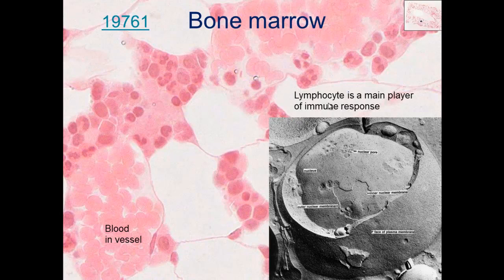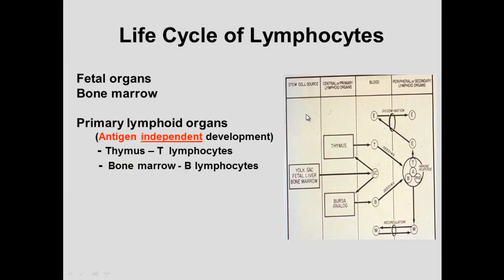Now the main player, originating in the bone marrow at least, is the lymphocyte, the main player of your immune response. We see the nucleus of a lymphocyte, and the cytoplasm is mostly nucleus, as it's a quiescent cell waiting until it sees its antigen so it can respond, make a plasma cell or not. That brings us back to the fetal organs and the bone marrow, where you have cells originating.